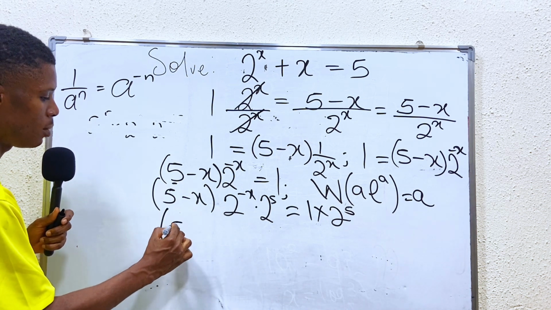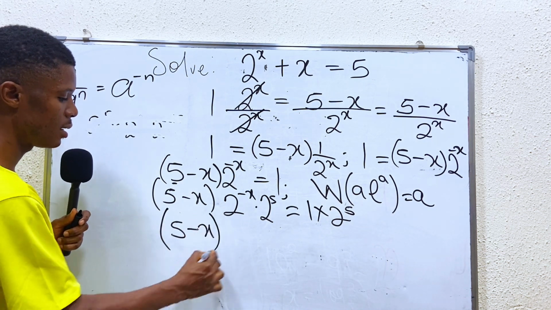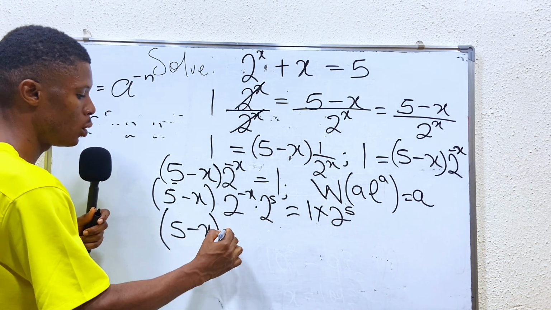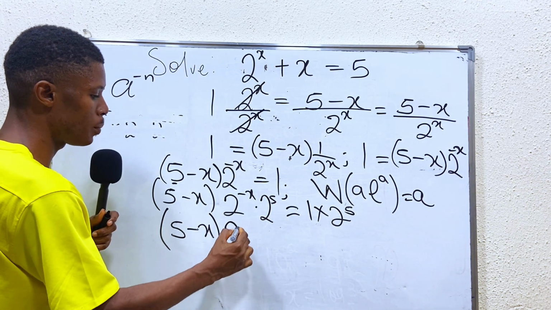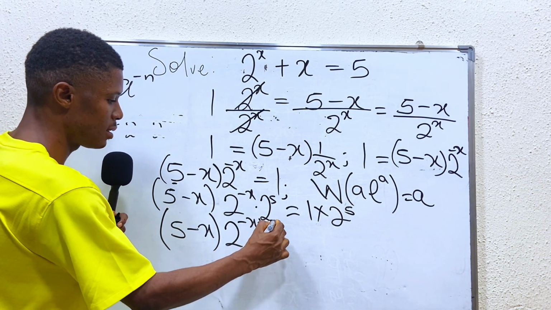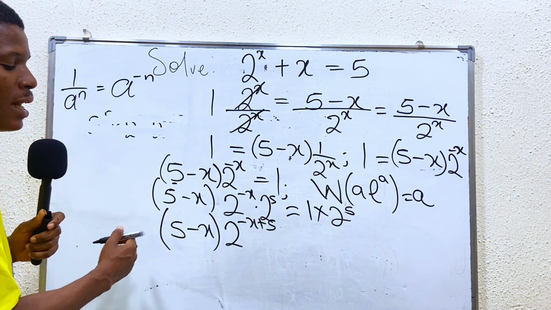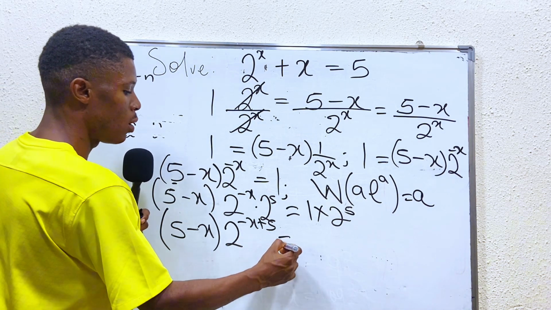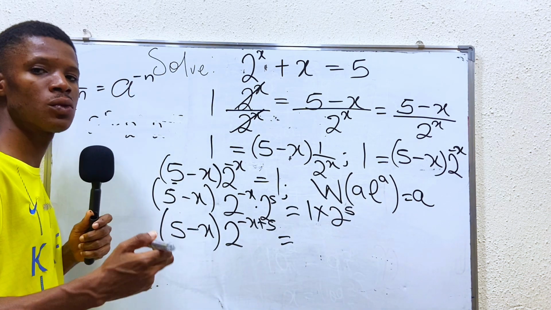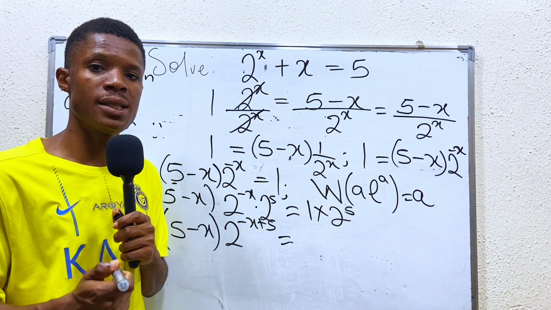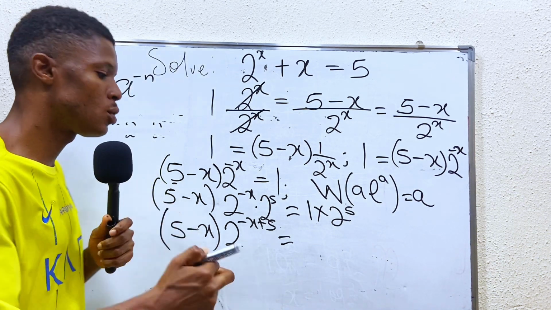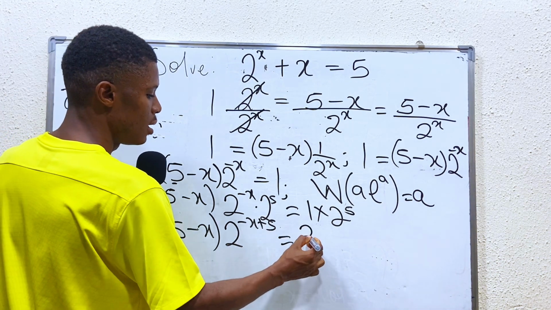You have 5 minus x into 2 to the power of minus x plus 5. They are now the same. This is now equal to 2 power 5, which is 2 times 2, 4 times 2, 8 times 2, 16 times 2, 32. So we have it as 32.